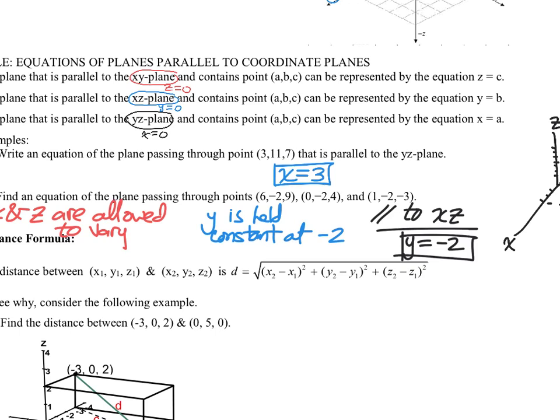All right? If you plot all 3 of these points on the same set of coordinate axes, they'd be coplanar. All right, they'd all be on the same plane. And that plane would be parallel to the xz, right? So it would be a kind of vertical plane, but oriented so that it's parallel to the xz axis.